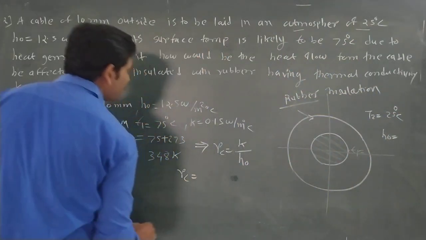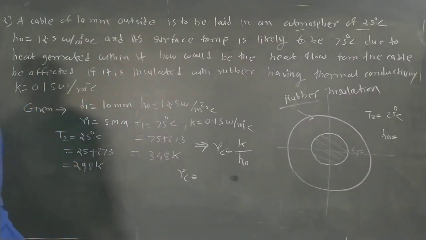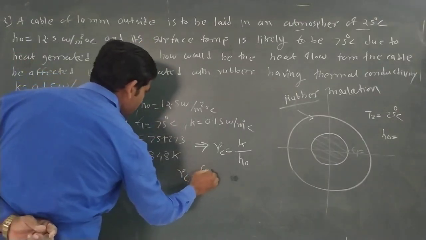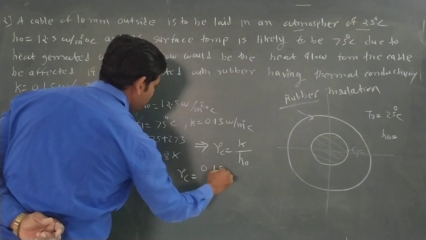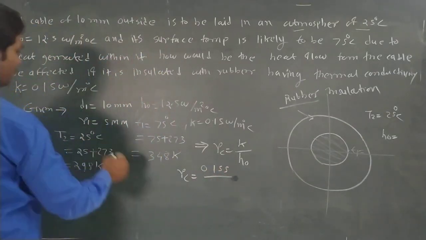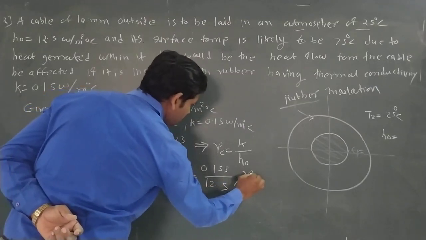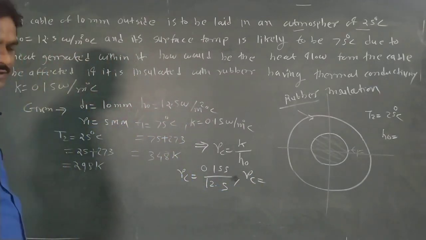RC: the thermal conductivity K is 0.15, divided by HO. HO is 12.5. So do the calculation. How much is RC in your calculators?